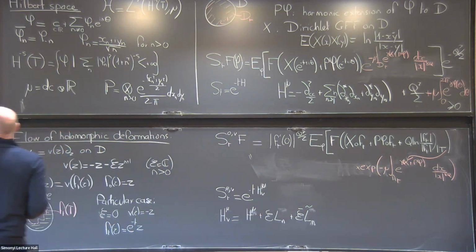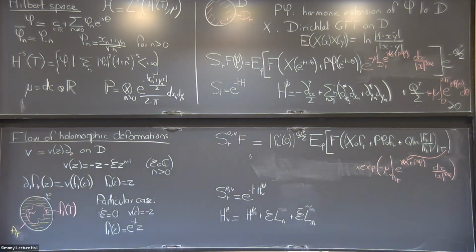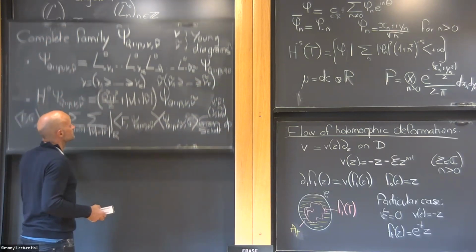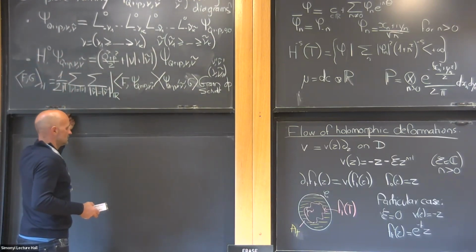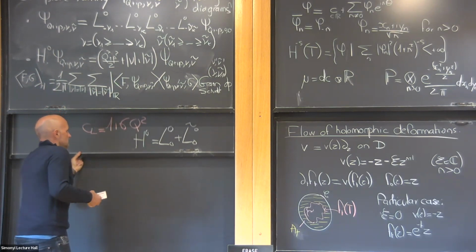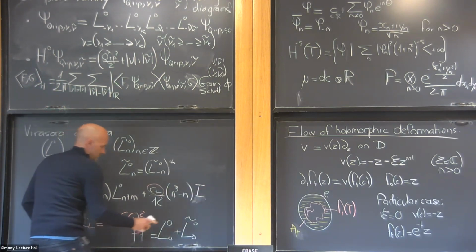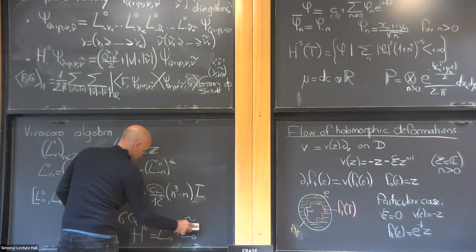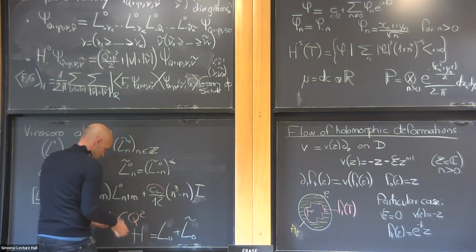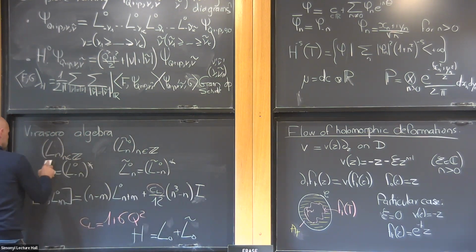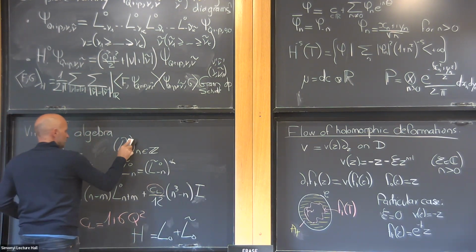They satisfy exactly the same relation here, except that now we have mu here. So the Hamiltonian. So I have a family defined this way.